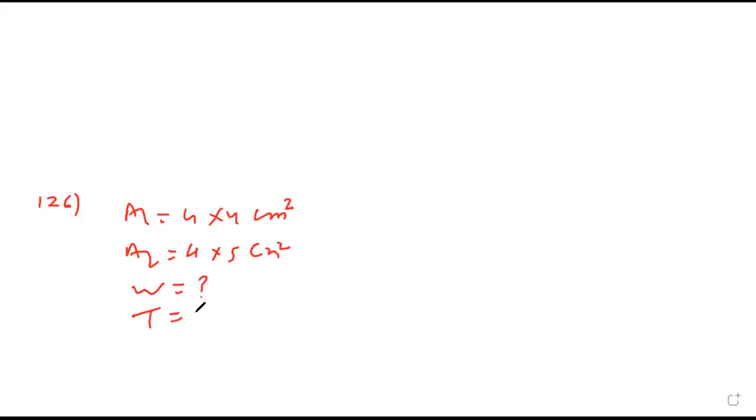126. Consider a soap film on a frame of wire having area 4 into 4 centimeters square. If the area is increased to 4 into 5 centimeters square, how much is the work done in this process, if surface tension is 3 into 10 raised to minus 2?